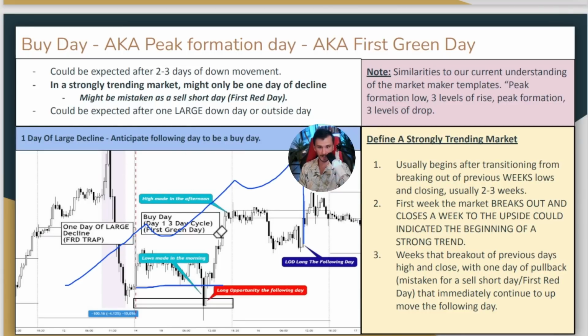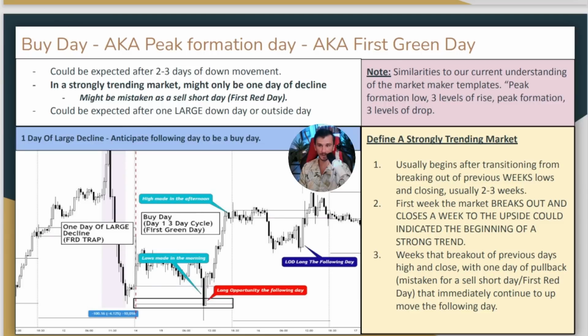The market is in a trend, and then it has 1 day of decline, and then the following day goes vertical. That could also turn into a buy day where, on the first green day, on the following day we're looking for a follow-on setup. But I like to look for a buying opportunity on the following day, either from the previous day's low closing price or just on the breakout back up towards the highs.